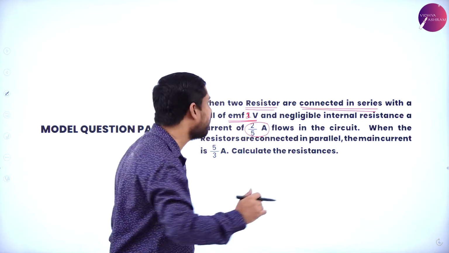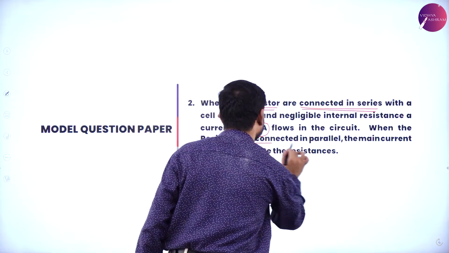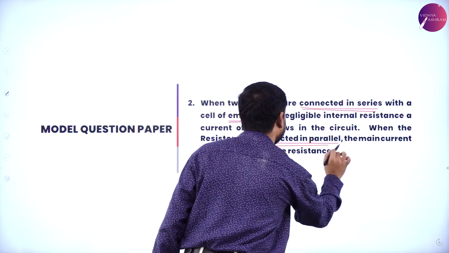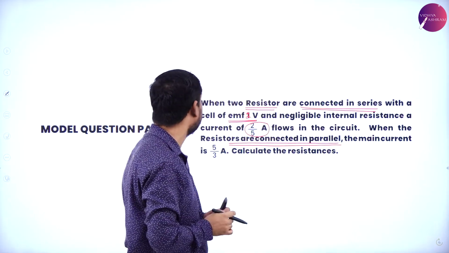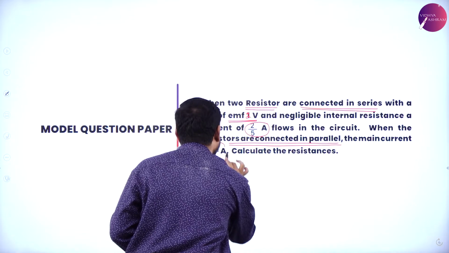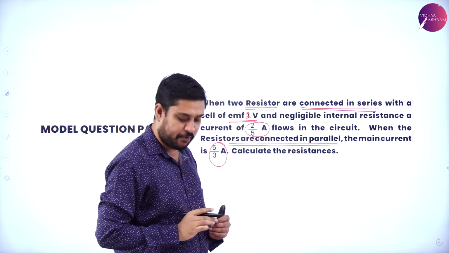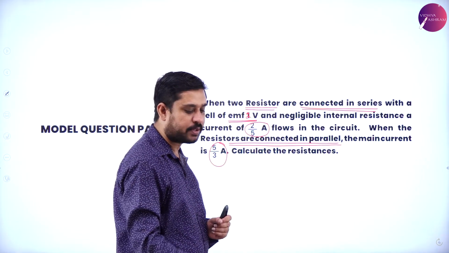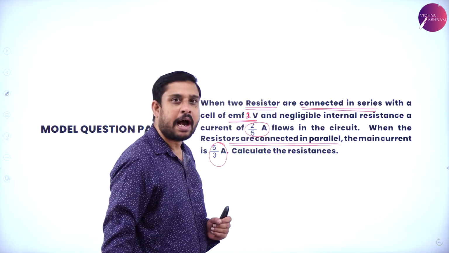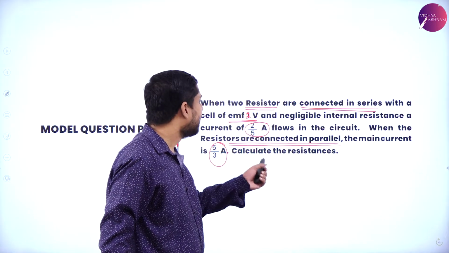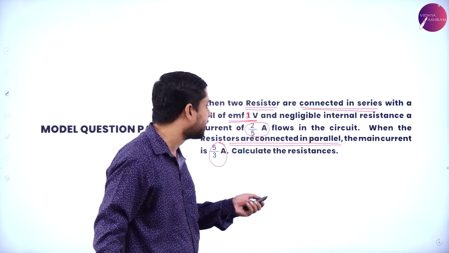When the same resistors are connected in parallel, the main current is 5 by 3 amps. I have to calculate the individual resistances.